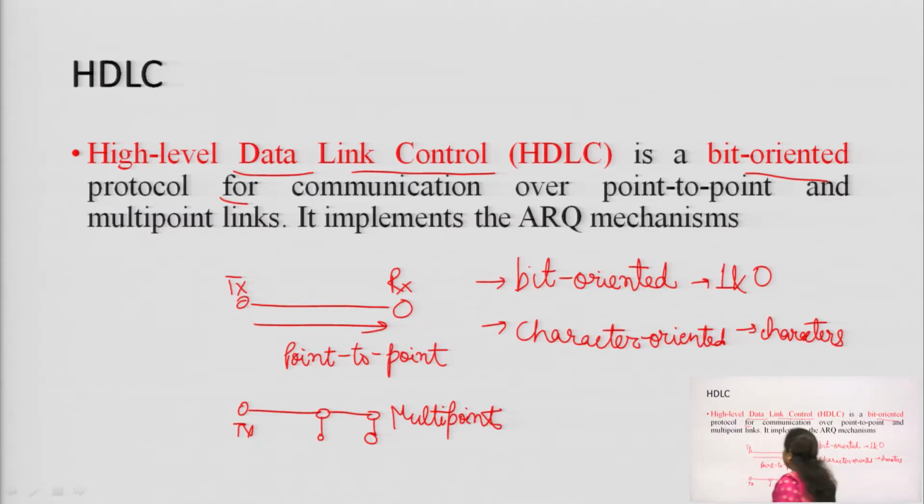So, in this single definition we have seen that HDLC is a bit oriented protocol, suitable for transmission over point to point and multipoint links, and it implements the ARQ mechanism. What is ARQ? ARQ is the automatic repeat request.